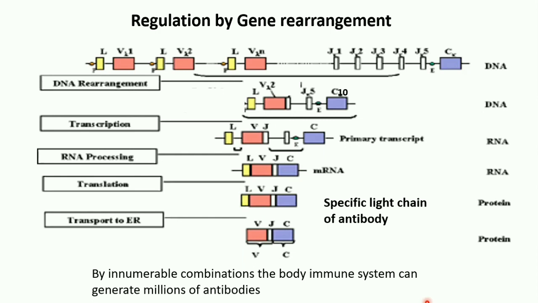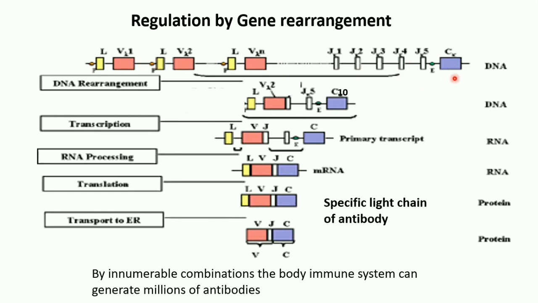The structure of a typical immunoglobulin molecule consists of 2 light chains and 2 heavy chains. Each one of these chains consists of an N-terminal variable V region, here you can see V, and the constant C regions and the joining J regions.